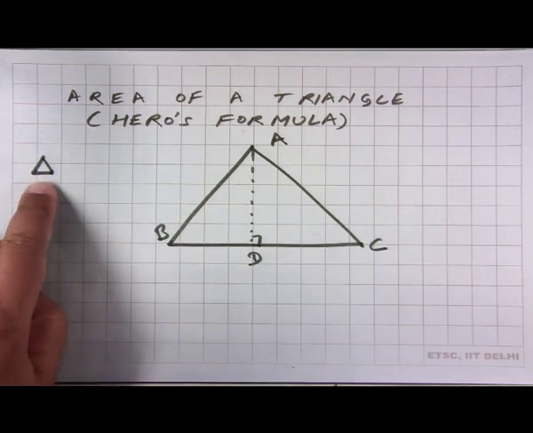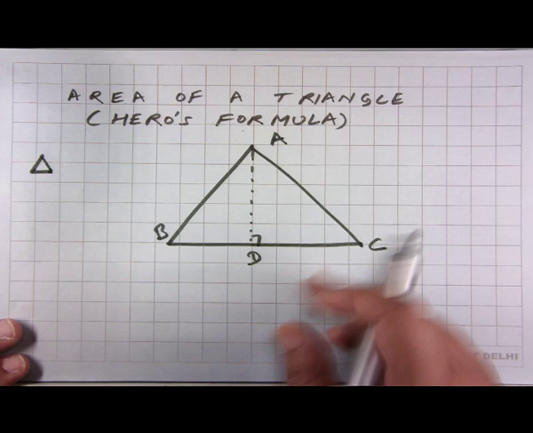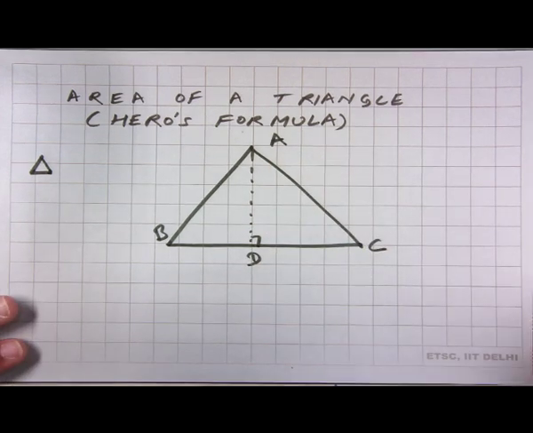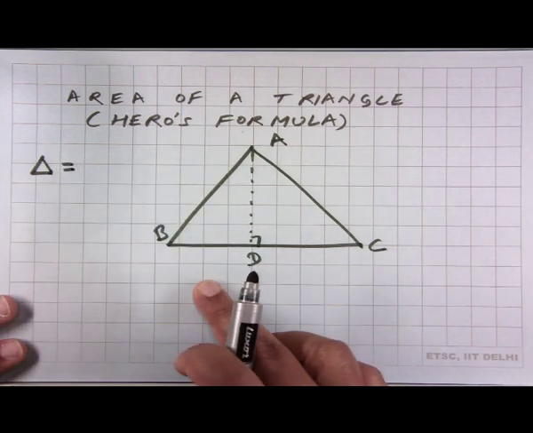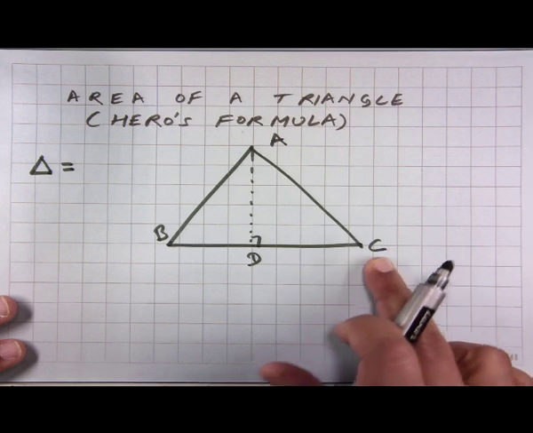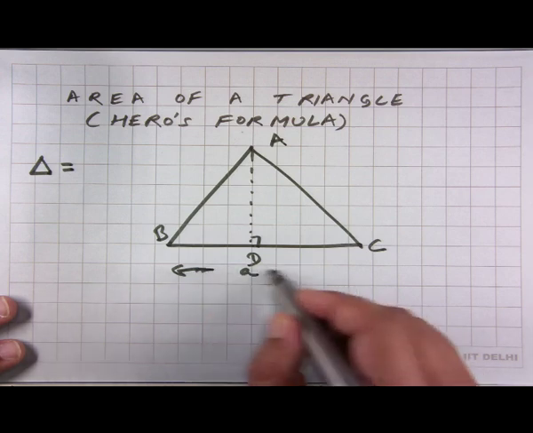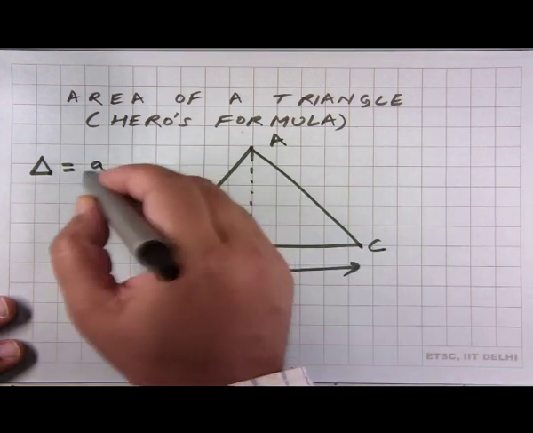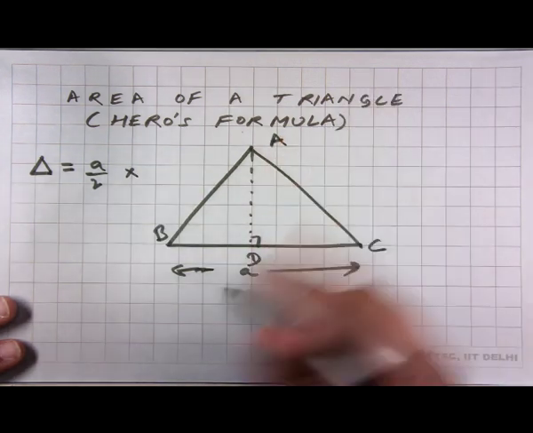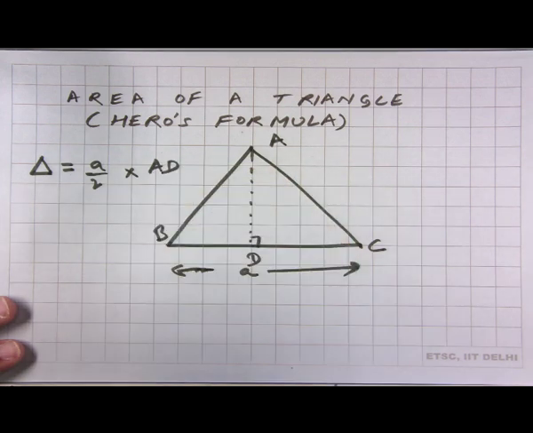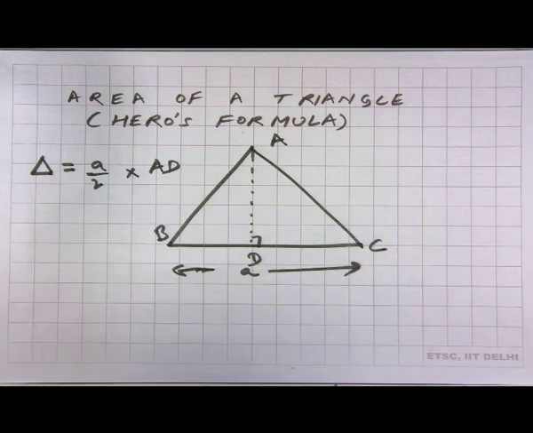So, the Greek symbol delta is usually used to denote the area of triangle ABC. This is nothing but half into base into height. The base is BC, so this is A. So, half into A, multiplied by height. Height is AD. So, area is A by 2 times AD.